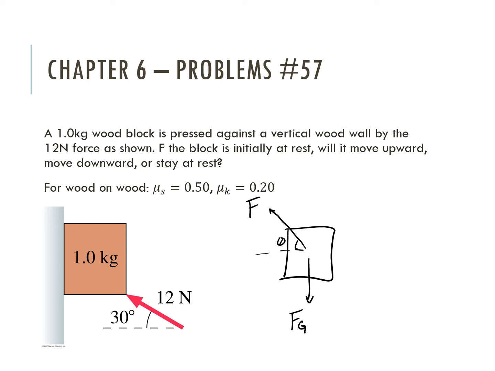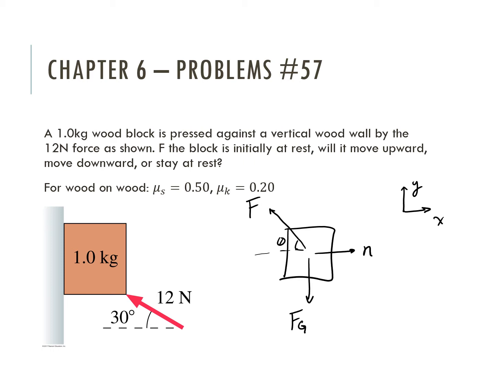The surface is going to be pushing to the right on the box because the box is being stopped from continuing moving to the left. Now again, I'm not done yet. I do need my coordinate system, and I need to think about friction.